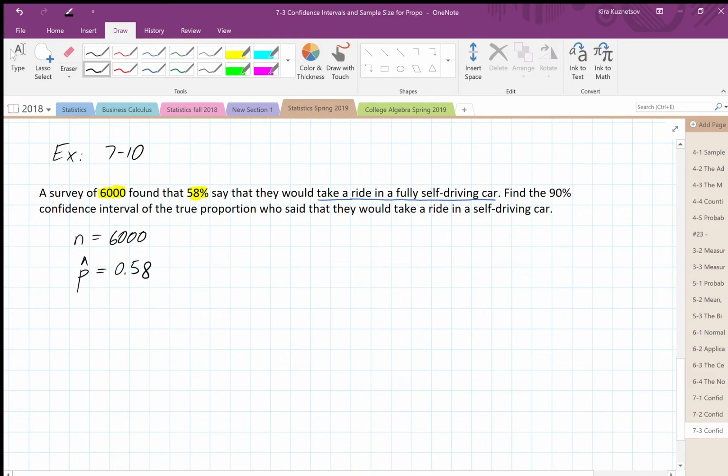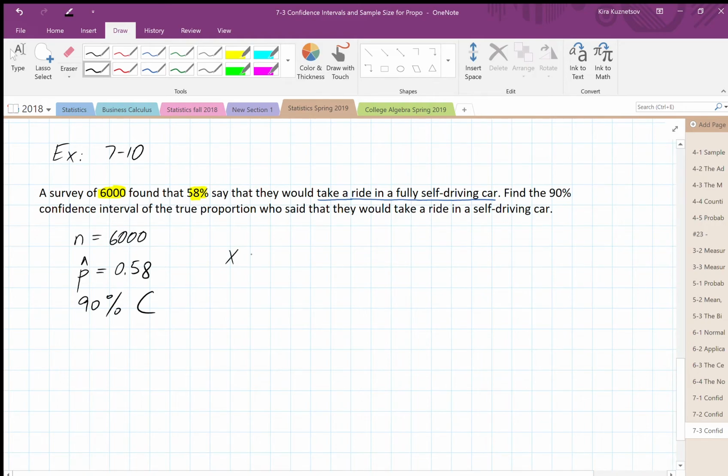So they didn't give me an x, they gave me a p-hat. And they also want 90% confidence. The formula calls out for the p-hat, but a calculator calls out for x.